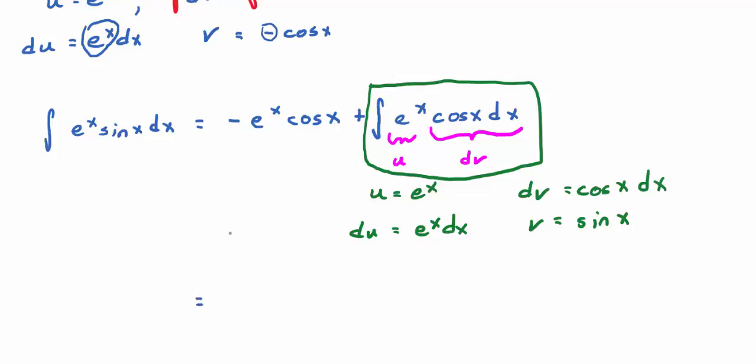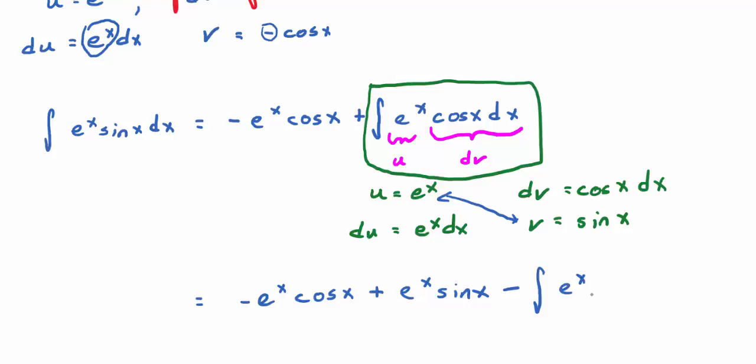But then don't forget to keep this other stuff coming along. So negative e to the x cosine x plus, okay, what are we filling in the box? What's u times v? Yeah, u times v is e to the x sine x minus integral v du. So what would that be? What would be a good way to write that?